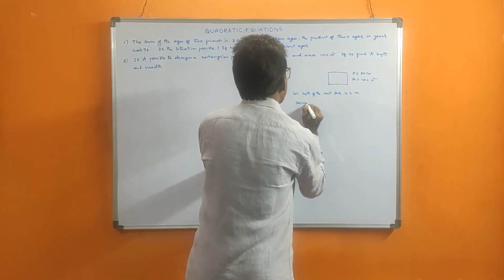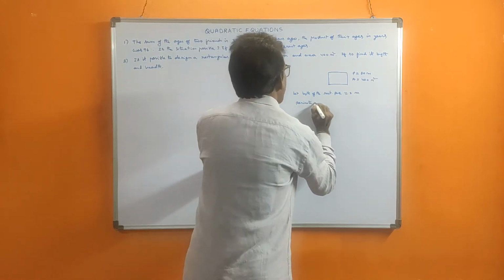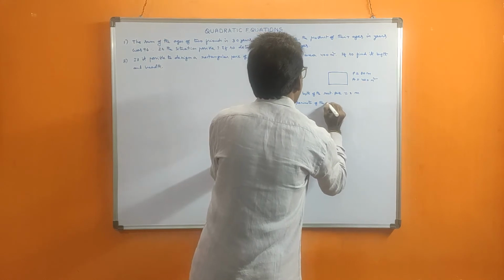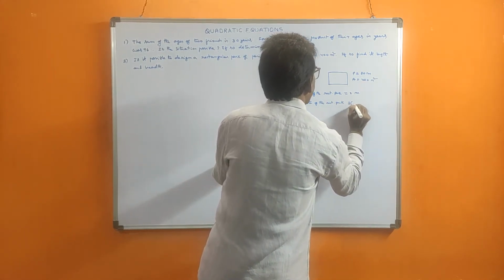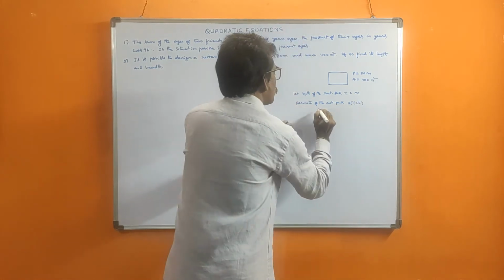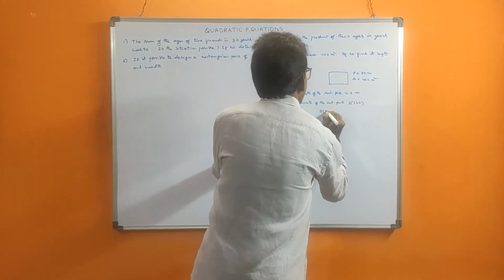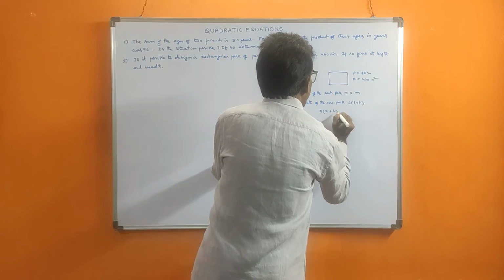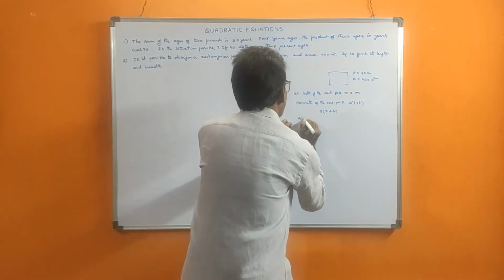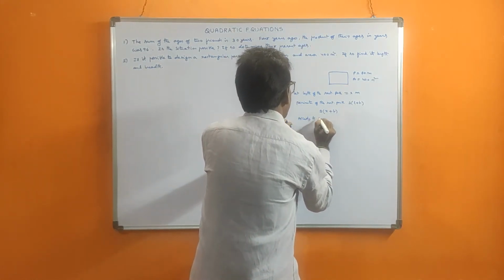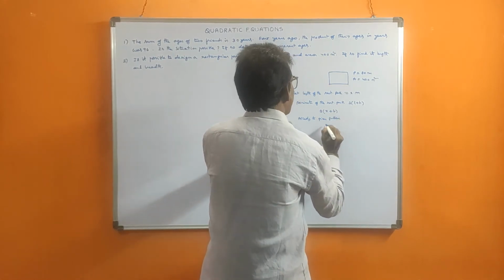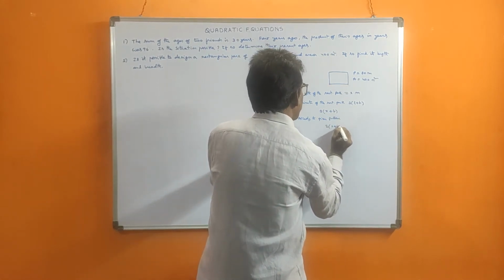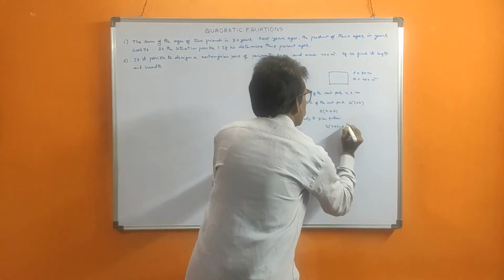The perimeter of the rectangular park, we know, is 2 into (L plus B). So 2 into (x plus B), since we took L as x. According to the given problem, this perimeter should be equal to 80.